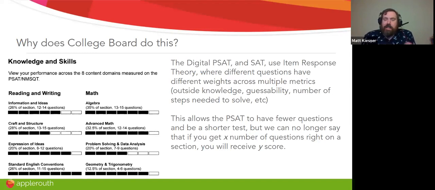Hopefully that answers a question that some of you have already had in the Q&A there. It's because they know that two different students could get the same number of questions but have really different scores on there, and that is the sacrifice that is being made for having that adaptive test and having that more efficient experience.